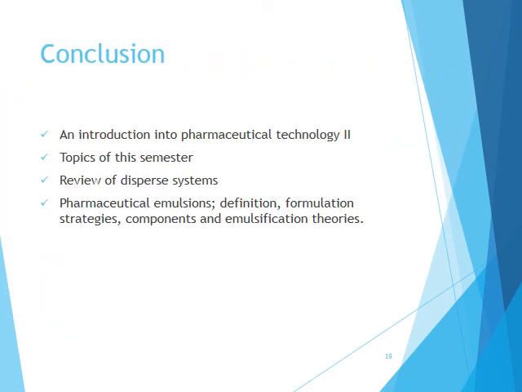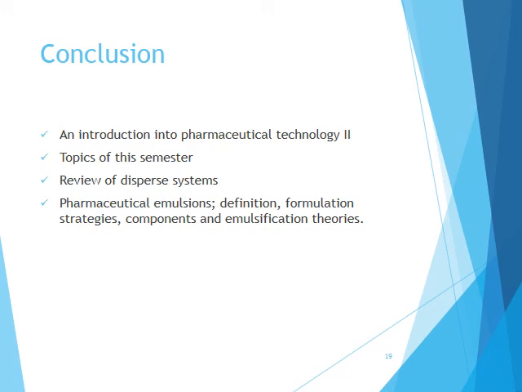Now, to summarize, this lecture covered the following topics. It covered an introduction to pharmaceutical technology, some of the references that you probably need during studying this module, and then the topics for this semester we are going to cover. Then we moved to a review of disperse systems, and then we started with the first topic of this semester, which is pharmaceutical emulsions.